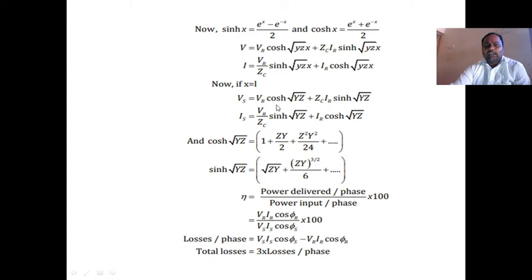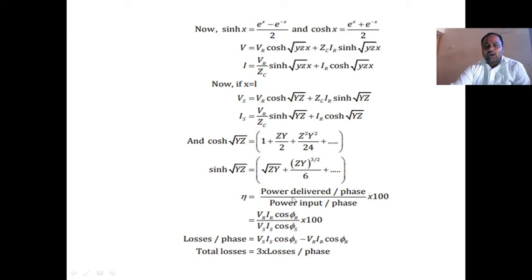So once again, constant A is equal to cosh(√yz·l), constant B is equal to Zc sinh(√yz·l), constant C is equal to (1/Zc) sinh(√yz·l), constant D is equal to cosh(√yz·l). This is a series expansion; we will discuss the equations later. So what about the efficiency?